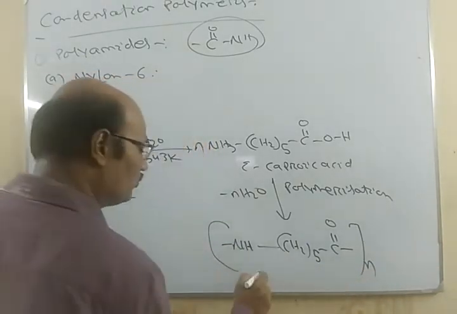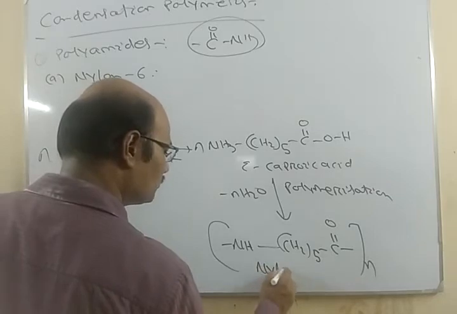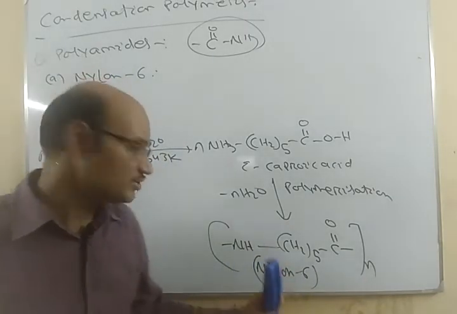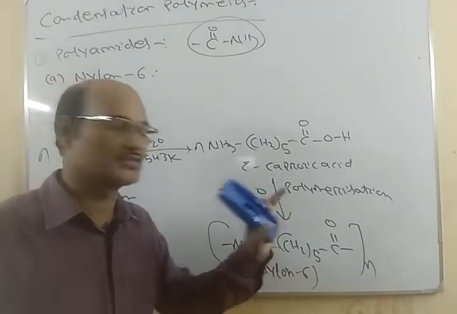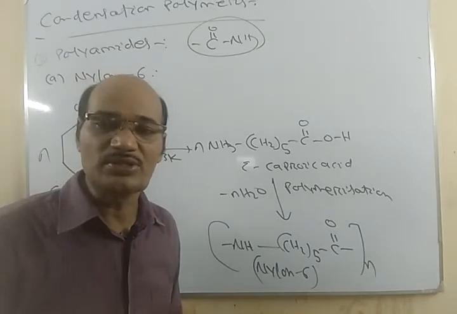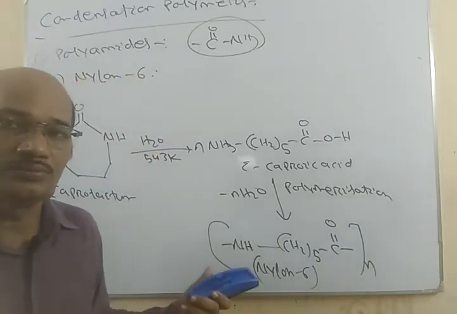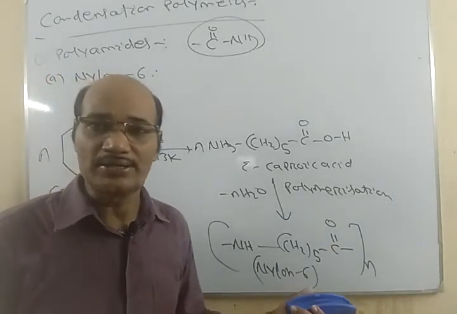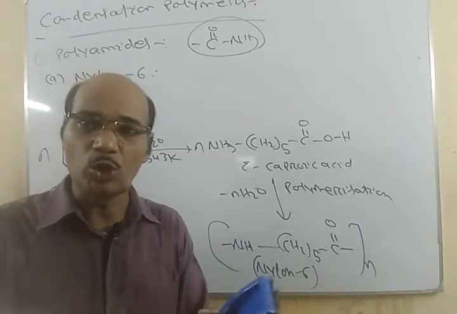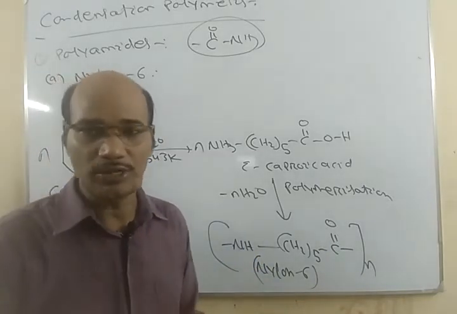So this is called nylon 6. Why nylon 6? Because it contains 6 carbons, 5 and 1, 6. And this nylon 6 is a polymer having high strength. So they are used as fabrics for preparing climbing ropes and tire cords. Okay, that's it.